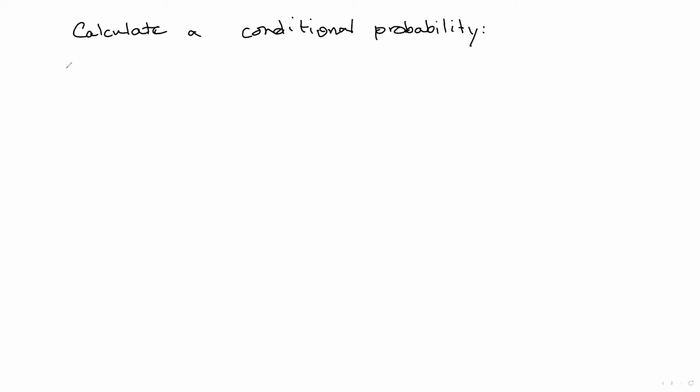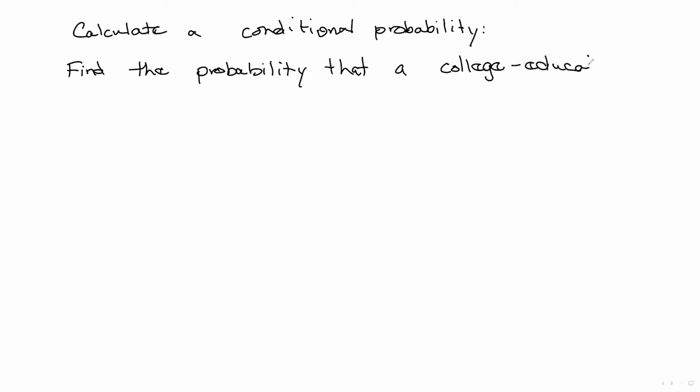What we want to do is find the probability that a college-educated person is married. We're going to use the table from the last section, which I'll bring up in a second.